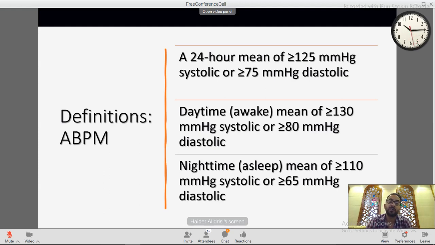This is usually needed if you have a question about the diagnosis of hypertension, whether there is real hypertension or not. For example, in a patient with what is called white coat hypertension, or if you suspect a masked hypertension. In the next slide, I will tell you the cutoffs.